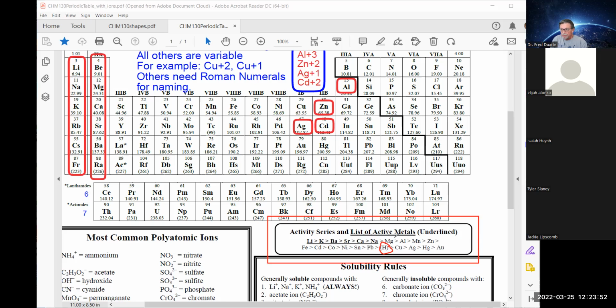Now, if we look at the other metals, starting with magnesium, so after sodium, and proceed all the way up to lead, notice they are not in bold print. They're just regular print. Those metals are not as reactive as the ones that are underlined, okay? And therefore, they will survive in ordinary water.